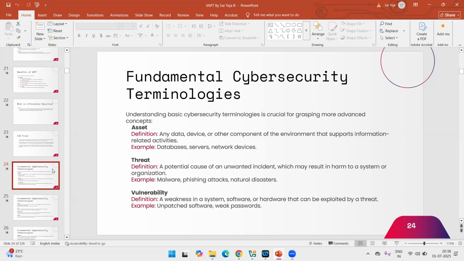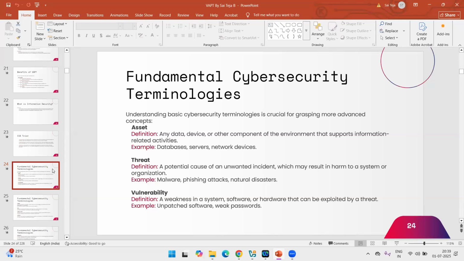A vulnerability is a weakness. It could be in the system, software, or hardware that can be exploited by threats. A hacker who is trying to exploit needs weaknesses, and a weakness is basically a vulnerability.